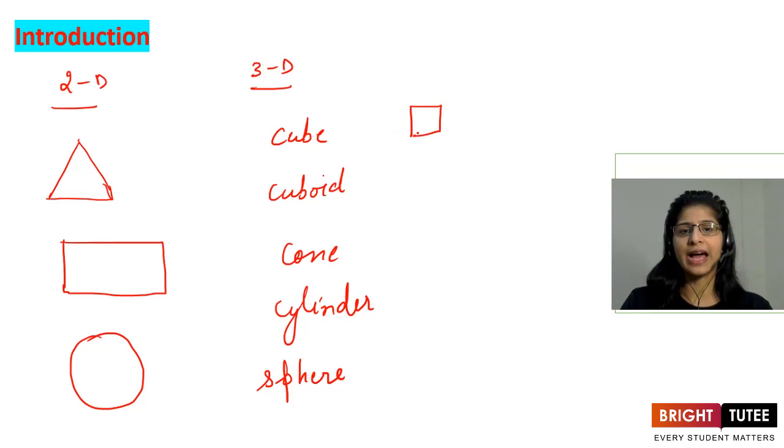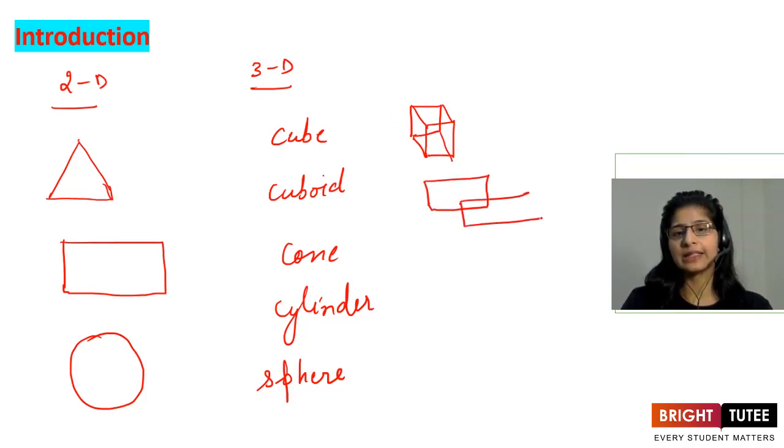A cube will have the lengths of all the edges equal. A cuboid has unequal length, breadth and height, they all are different. It is formed of rectangles. The faces are rectangular in shape, and in case of a cube the faces are square in shape.